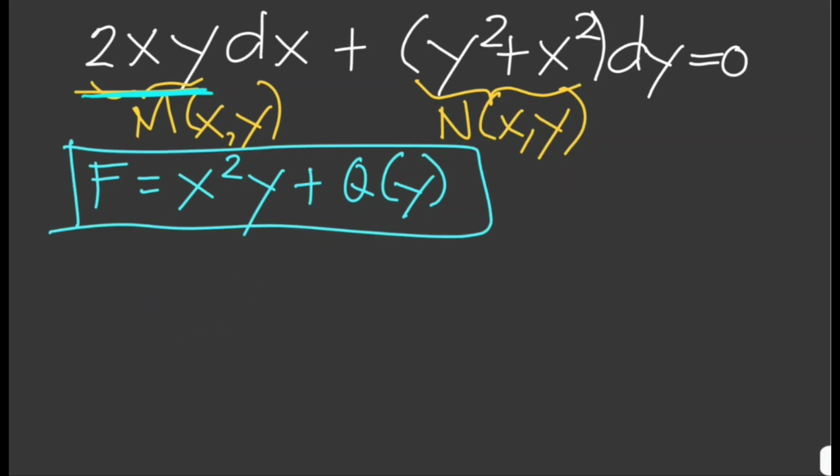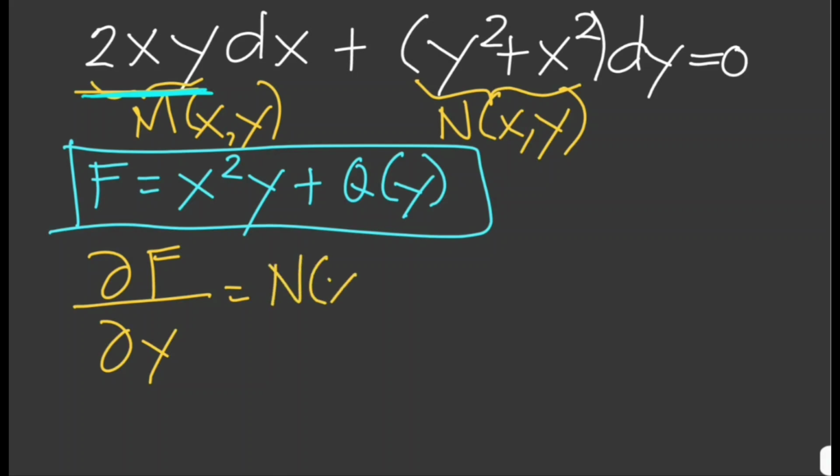So this one is for the partial derivative of f with respect to x. Now we solve for the partial derivative of f with respect to y using the function n of x of y. And n of x of y is just this one, y squared plus x squared.